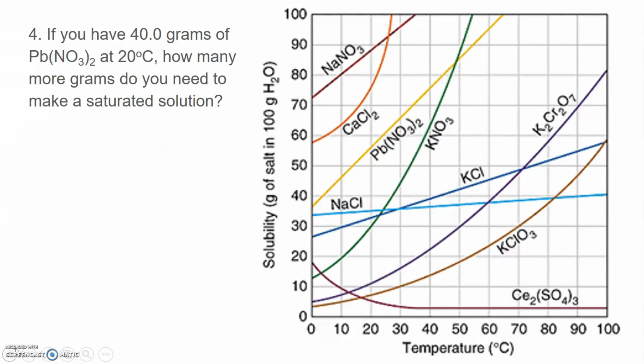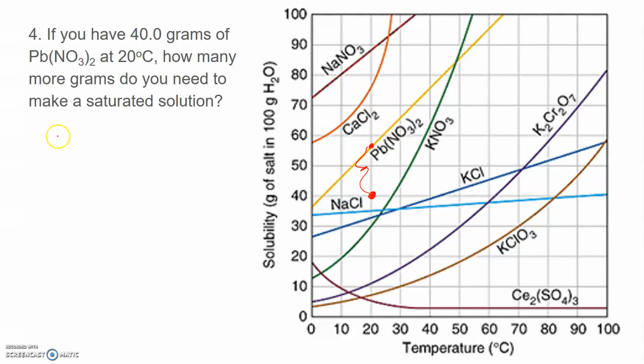Okay, so here we have the same idea. Oops, I already answered this one, but let's go through it again. So here we were saying we had 40 grams of PbNO3 at 20 degrees Celsius. So we're sitting right here. But we said that we could dissolve up to 58. So we can dissolve this much more.